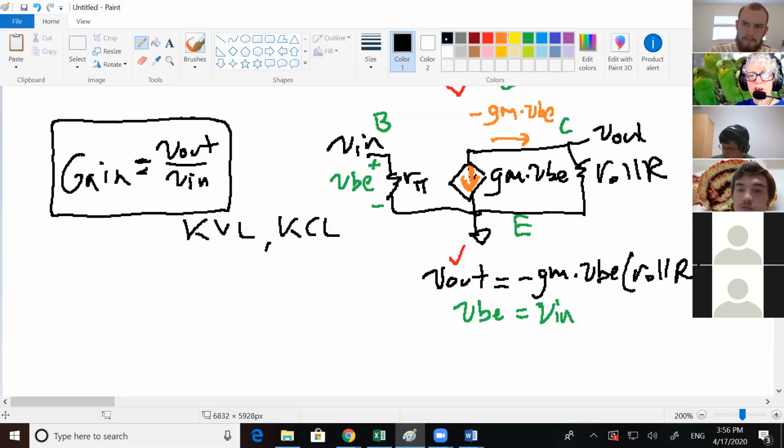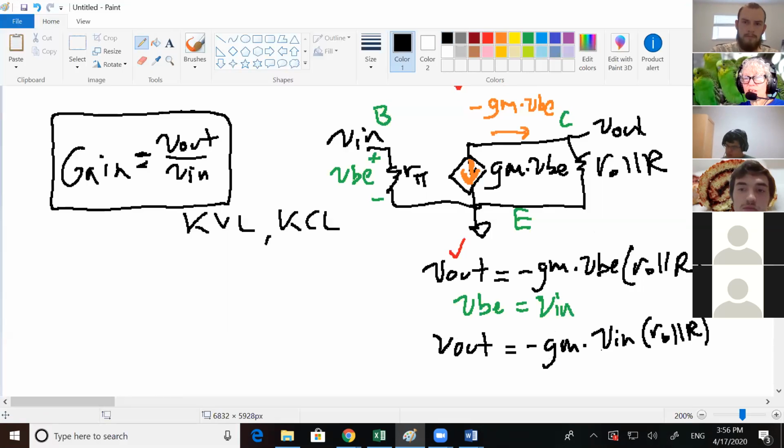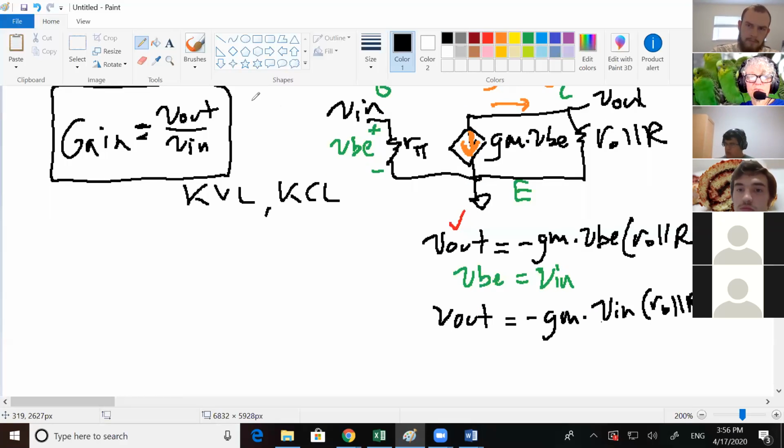So you can directly replace that. V out equals negative GM VBE, RO parallel R. Oh, the whole reason for doing this was to replace VBE. So we're not going to do that. V in. Okay, so good. Now the only voltages or currents we see in this equation are ones we find in this equation.